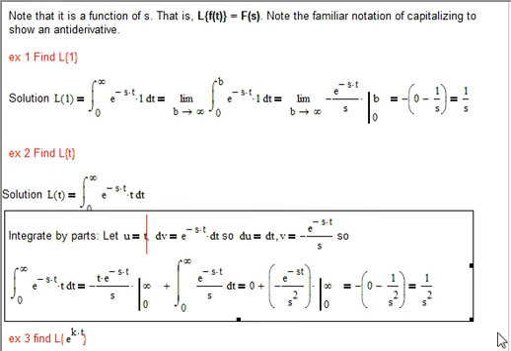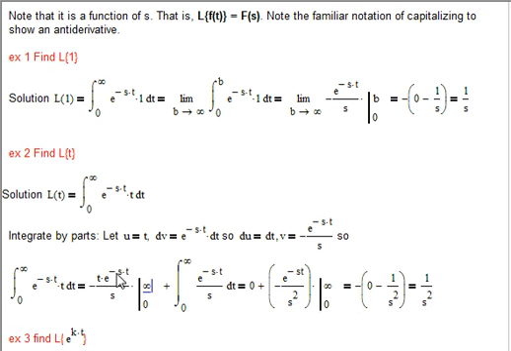So this is the integral from 0 to infinity of negative t e to the negative st over s. And when you put in infinity, this part makes it go to 0. And when you put in infinity, this part is infinity. Oh, really? That's a problem. It's infinity times 0. So what we really have is, let's do it the simple way.